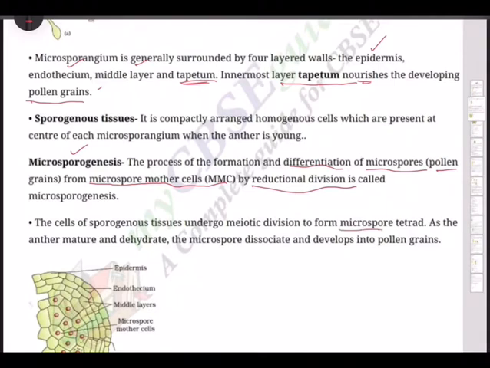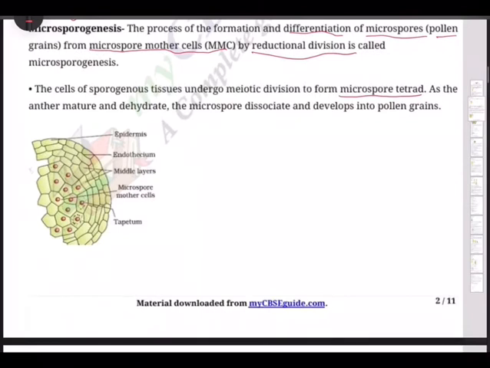How? Through meiosis. So the cells of sporogenous tissues undergo meiotic division to form microspore tetrad. Tetrad means 4. As the anther matures and dehydrates, the microspores dissociate and develop into pollen grains. So this is the section.